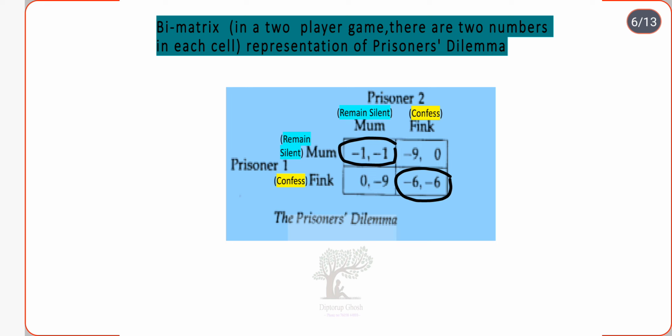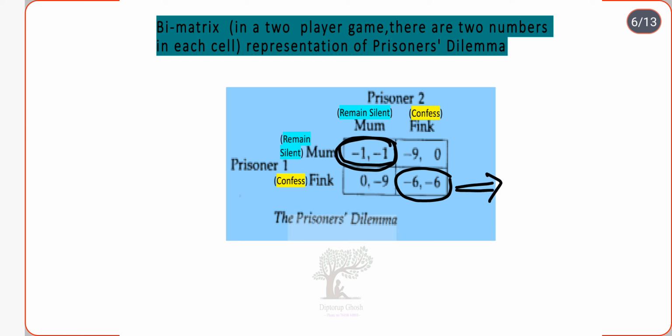But in this case, if both of them are selecting 1 year of imprisonment, which can be obtained by remaining silent, then they can be better off, right? Now what do we call this -6?